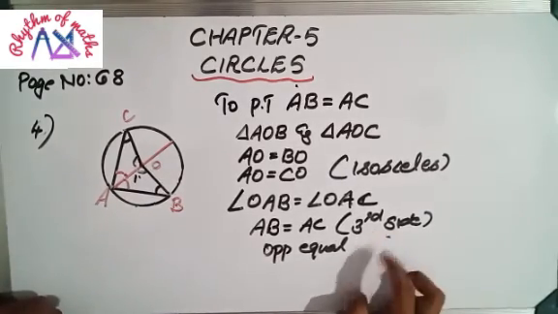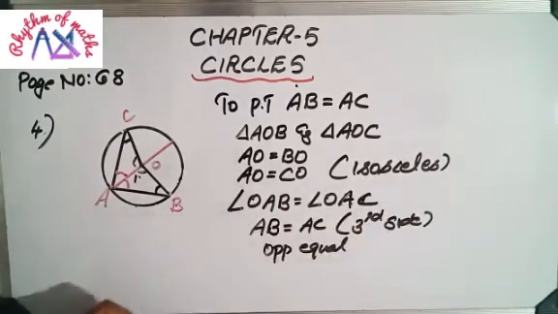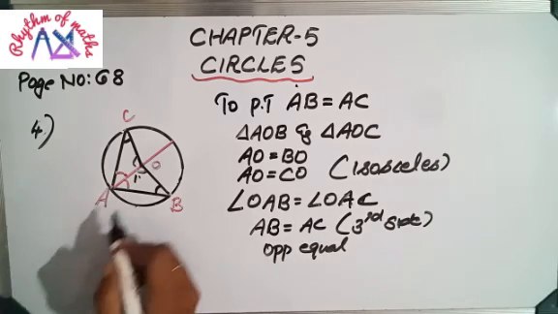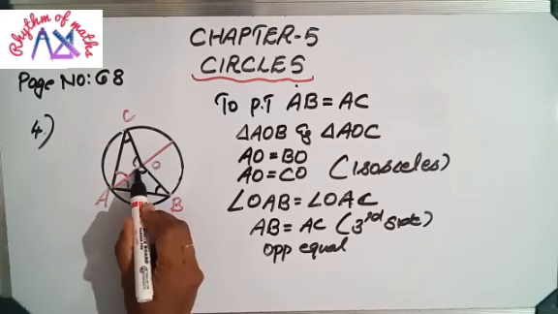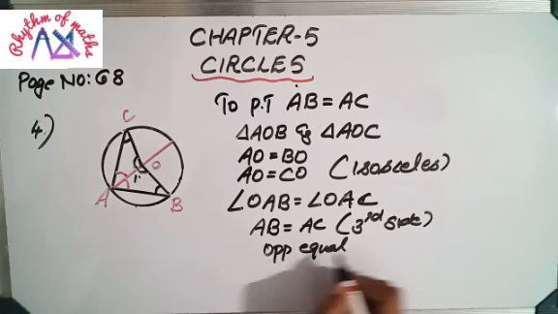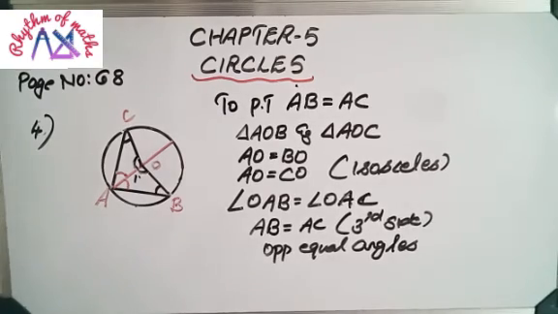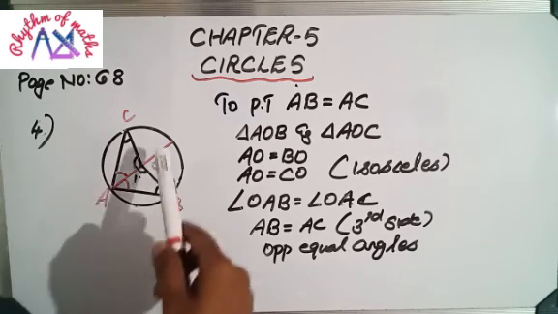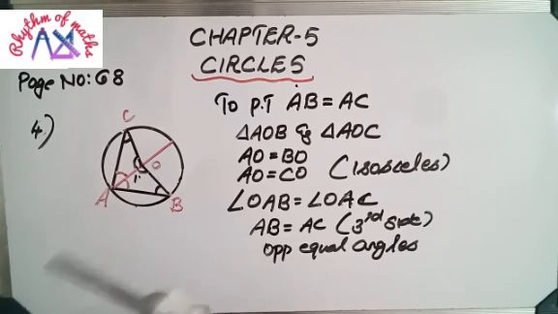Here you can't write 120 degrees because the angle is not given, but in the previous problem the angles were given, that's why we wrote 120 degrees. Here the angle is not given, but it is clear: 180 minus the sum of these two, the third angle will be equal. So write opposite of equal angles, not 120 degrees. That means AB equals AC: two chords are equal if they have the same inclination from the diameter. That is the fourth one's answer.